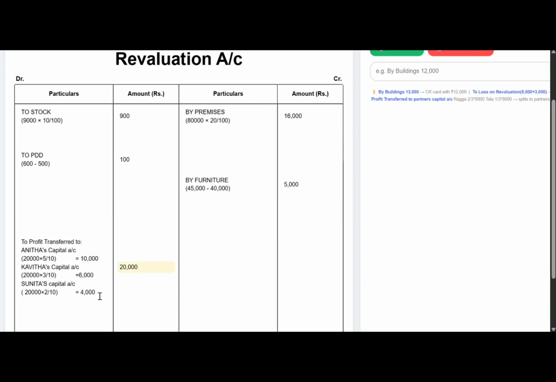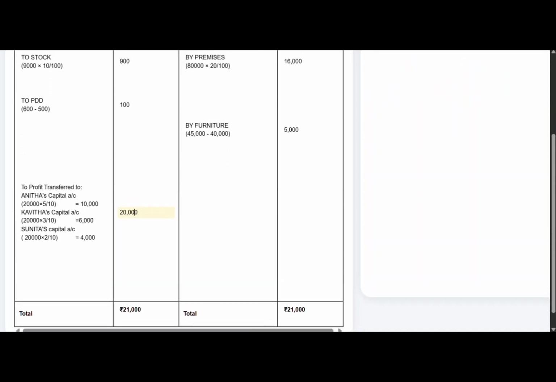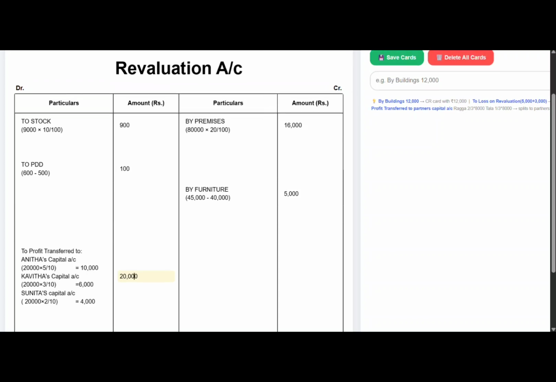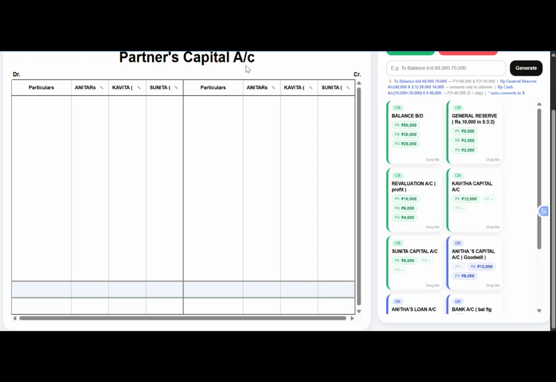So this is the revaluation account, and we have got revaluation profit which will be transferred to the partner's capital account. So now we are going to prepare partner's capital account. Once the revaluation account is prepared and we have arrived at the revaluation profit, now for the partner's capital account, we have to first bring down the balance.